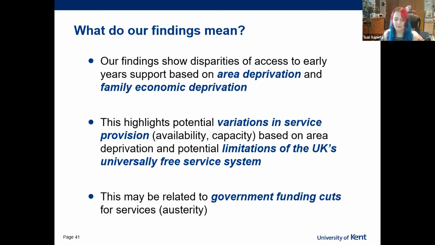It also highlights limitations of the universally free service system that we have in the UK, as those living in areas of higher deprivation access less support, and families with higher economic deprivation reported higher unmet need for support from health, education and social care. And so this is likely to be related to government funding cuts for services and the implementation of austerity.